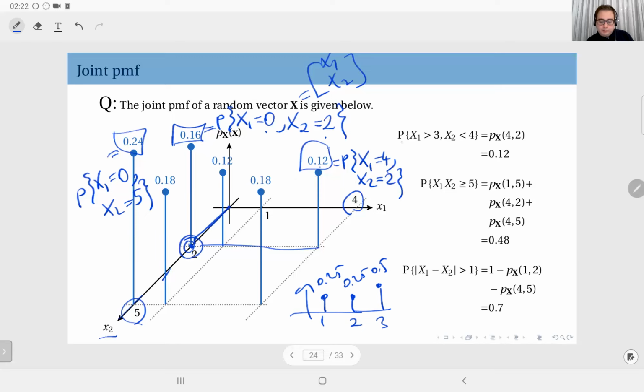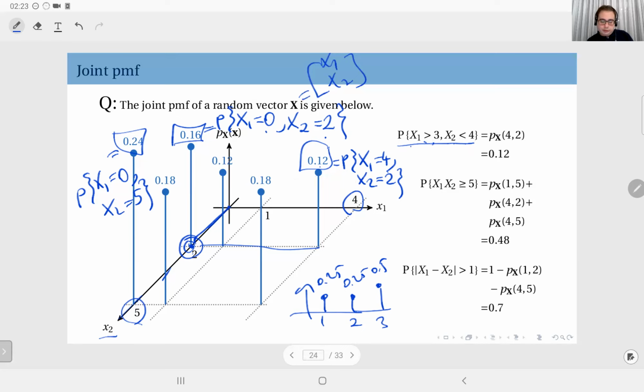Now, when you look at the probabilities here, the events, this is the probability that X1 exceeds 3, strict inequality, and X2 is less than 4, again strict inequality. So you should just look for the points or the vectors in the space that satisfy this event.